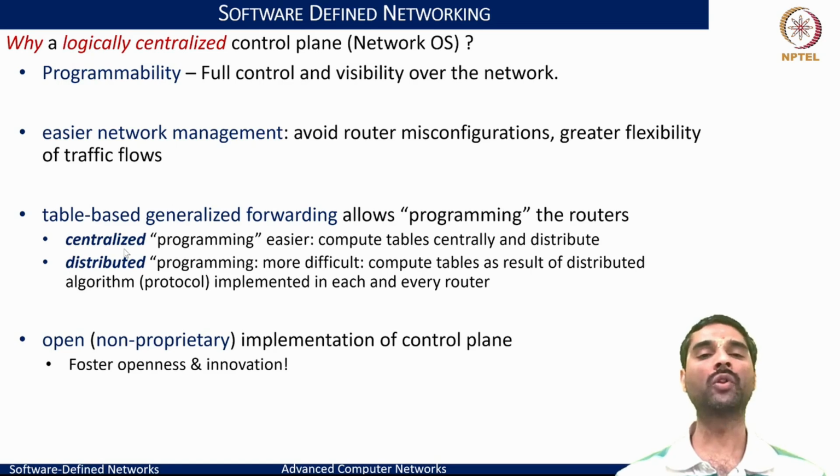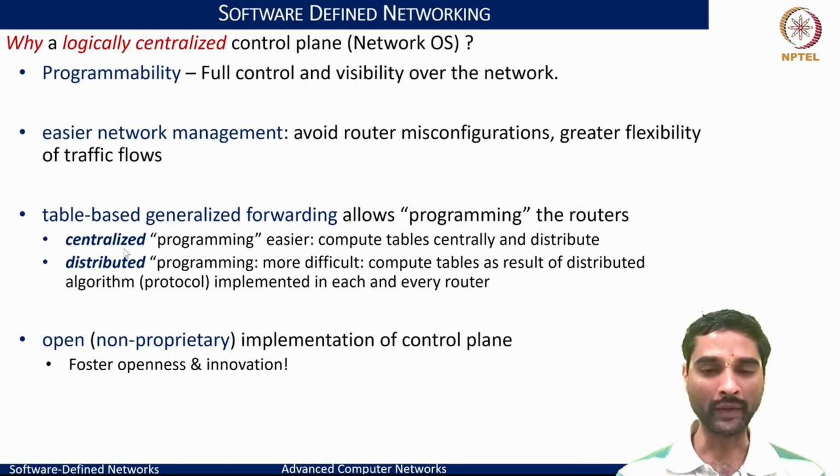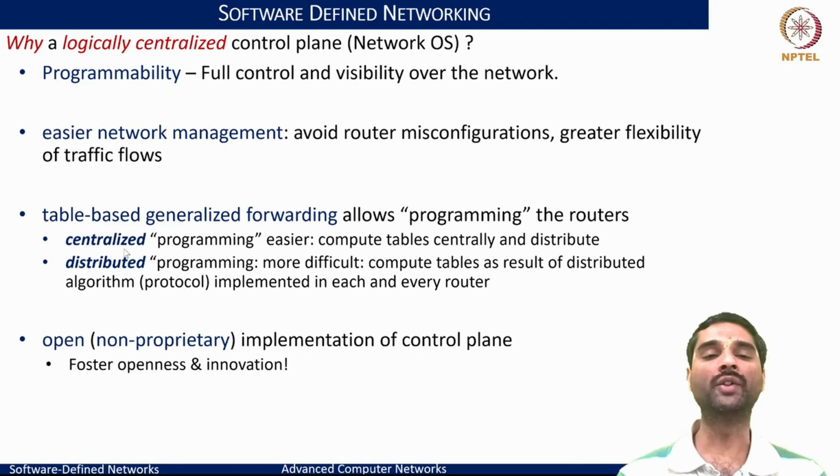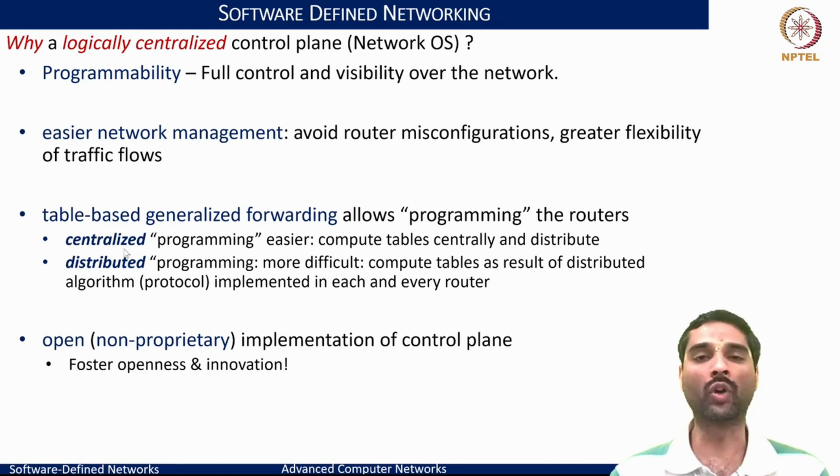Second, it becomes a lot easier to manage the network because we are now trying to manage and configure the rules from just a single point. Not that we are avoiding the configurations on multiple routers, because we still have to configure the rules on each of the routers, but the decisions are taken centrally, rather than by each of the routers independently, which made it very difficult to debug and know which router has chosen what paths and for what purpose.